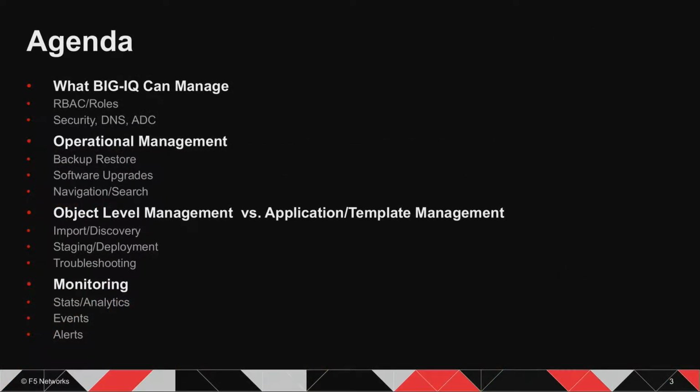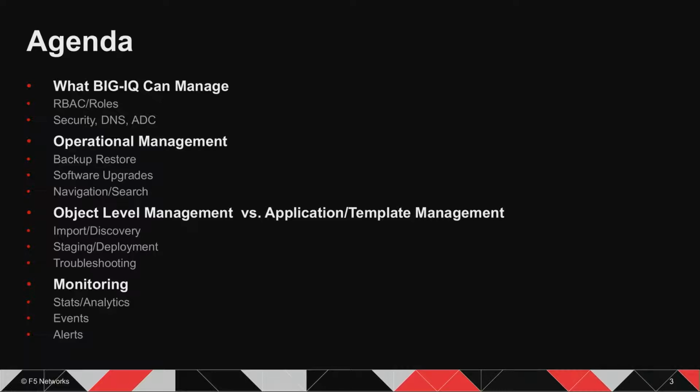All right, so here's our high-level agenda of what we're going to go over. We're going to talk about what BIG-IQ can manage, and then I'll talk about some of the operational management pieces of BIG-IQ. Largely, this is what people used to do with Enterprise Manager.